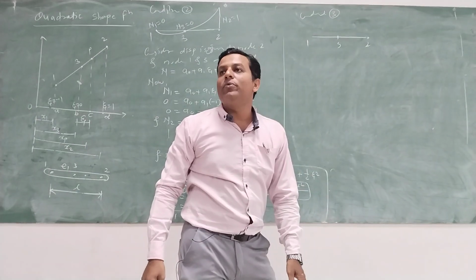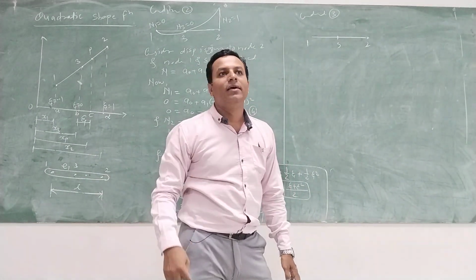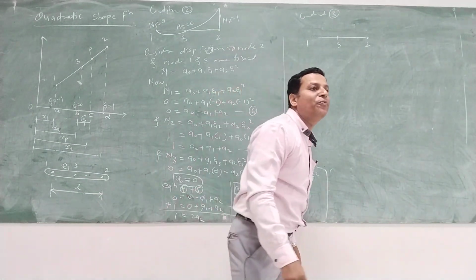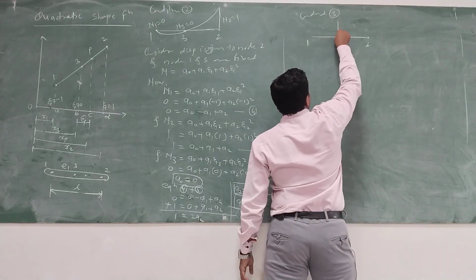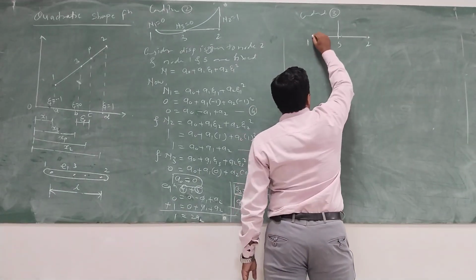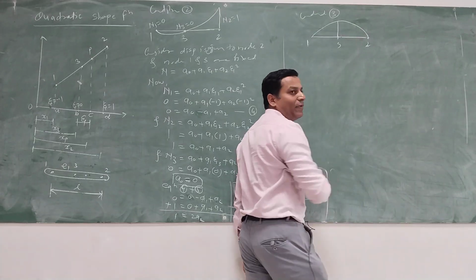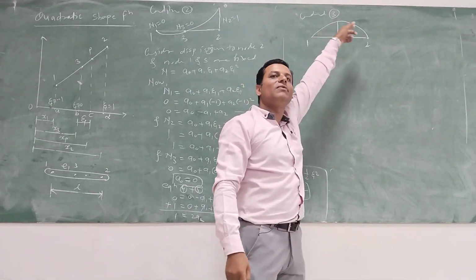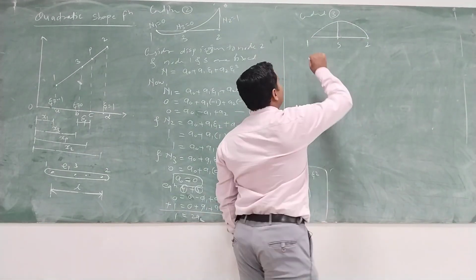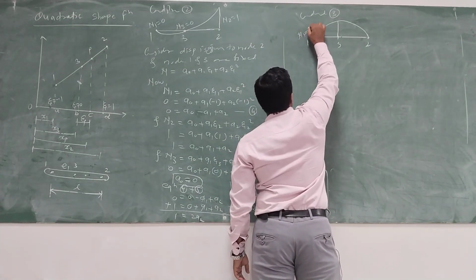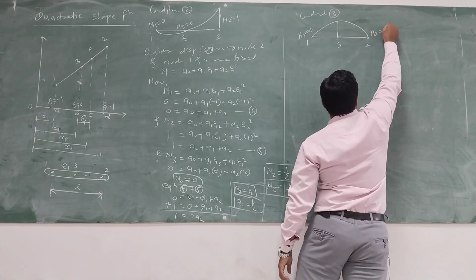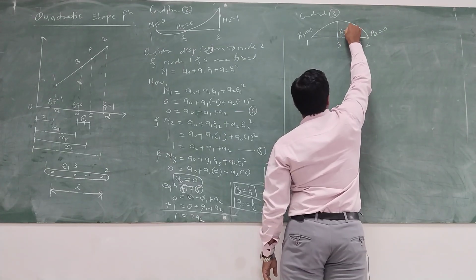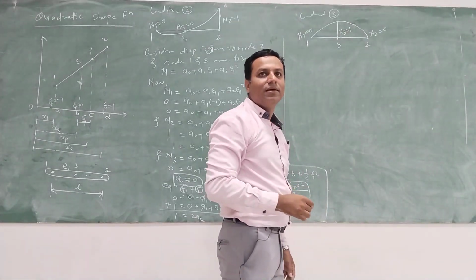Here we are going to give the displacement to node 3 only, and keep 1 and 2 fixed. So if I give the displacement to node 3 only, and 1 and 2 are fixed, then the displacement will be like this. So n1 will be equal to 0, n2 will be equal to 0, and n3 will be equal to 1.